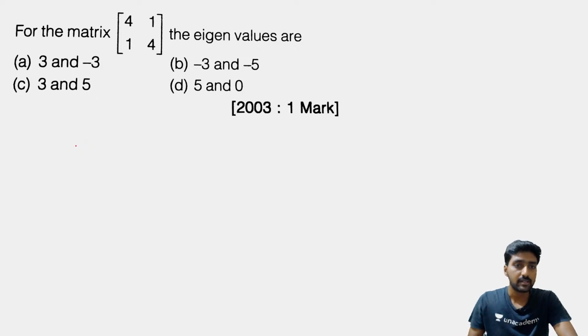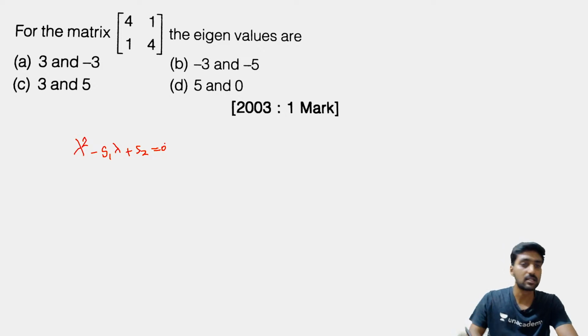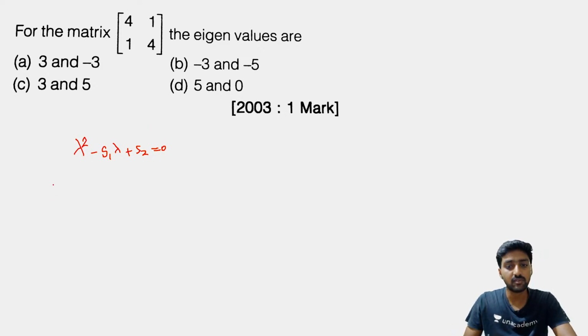Method 1, it's a formula method. The characteristic equation is lambda square minus s1 lambda plus s2 equal to 0. So what will be the value of s1 and s2? S1 is the sum of the main diagonal elements, that is 4 plus 4, equal to 8.